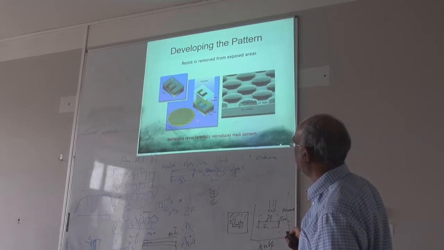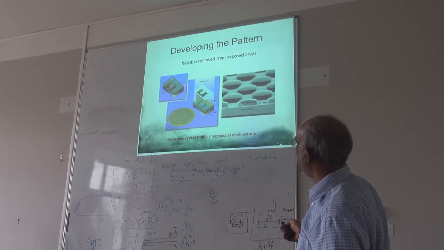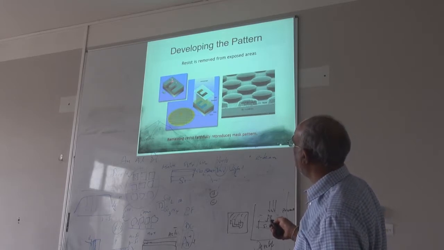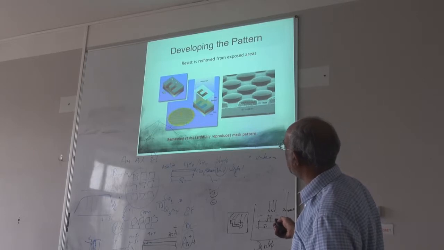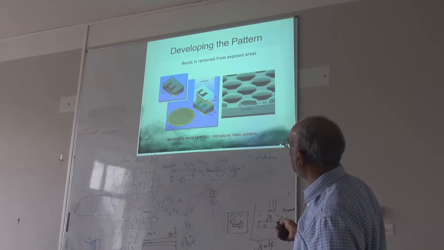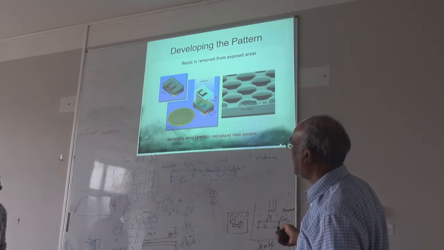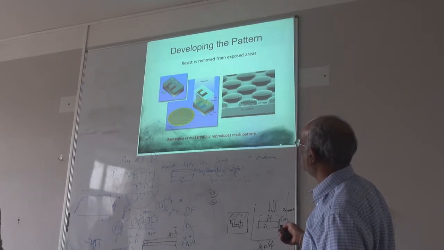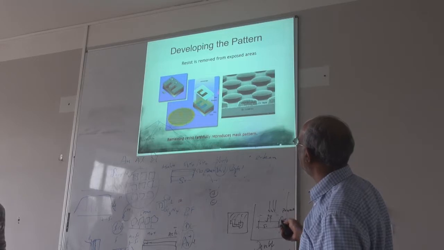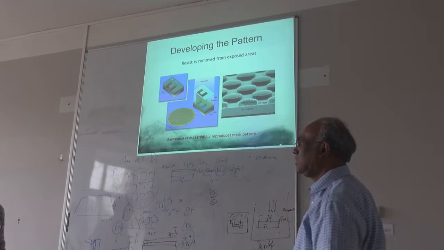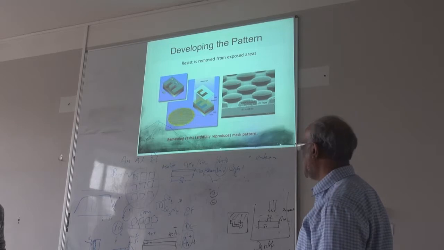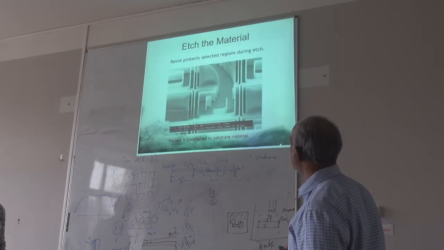This is positive photoresist. If this is your mask and I expose, only this part gets removed. That is a positive photoresist. When you release, you can make this kind of structure. That's a standard way.